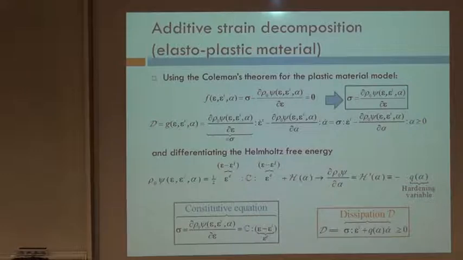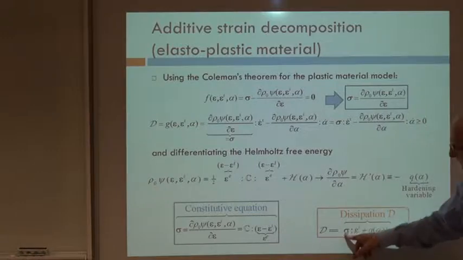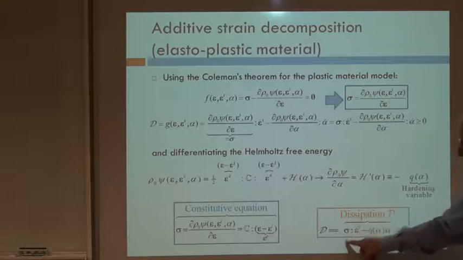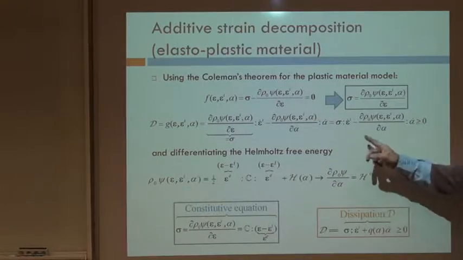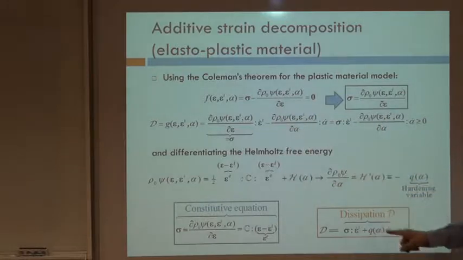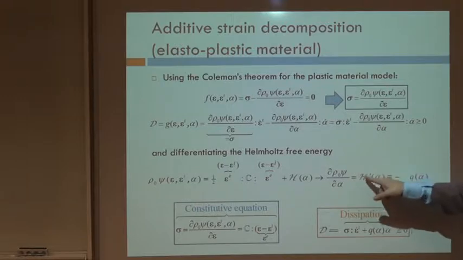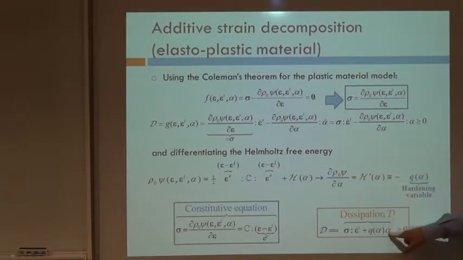That doesn't produce stored energy. It's just something that is lost. Any part of the work produced by the stresses times the inelastic strains is part of the dissipation. And then there is another term which comes from this second term here, which is Q, the hardening variable, which, by the way, is the derivative of the hardening potential with respect to alpha, times alpha dot. And that's the expression. And that has to be greater than 0.